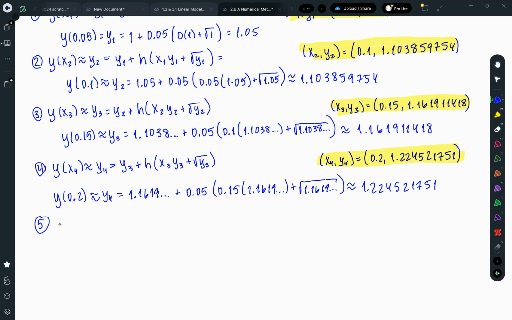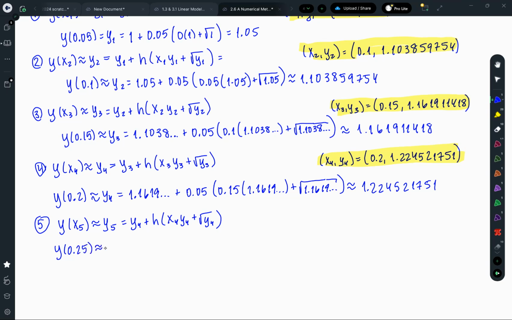Okay, y of x5, since we're on step 5, will approximate y5, which is equal to y4 plus h times x4, y4 plus the square root of y4. Let's plug those things in. x5 is 0.25.